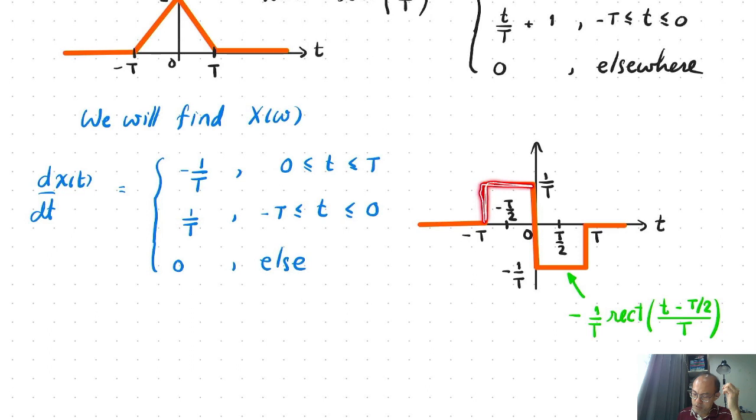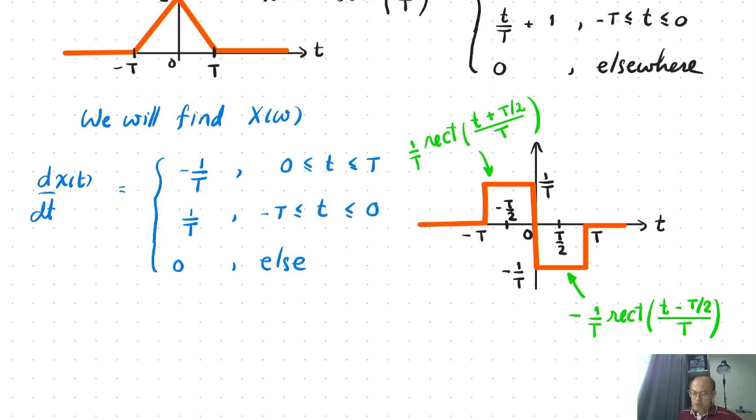Similarly, this pulse is a typical pulse, and the width is of course big T as well. So we have rectangular of t plus big T over 2 divided by the width, which is big T here.